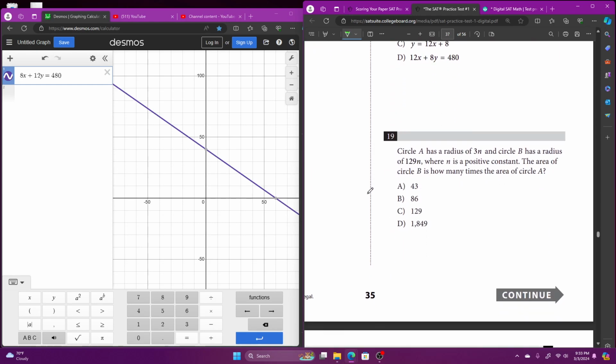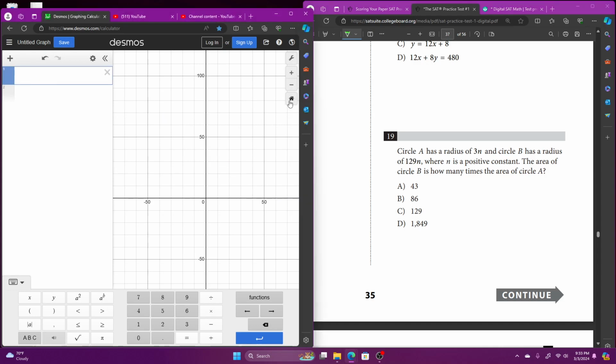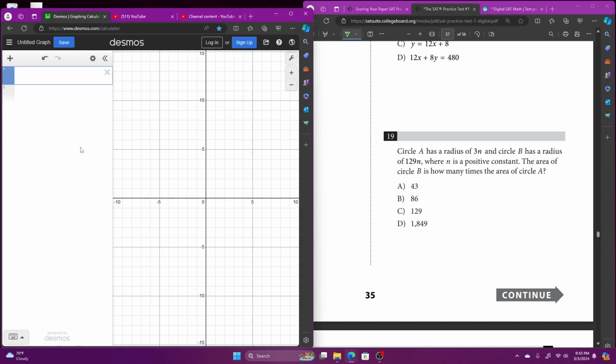And then question number 19, circle A has a radius of 3n and circle B has a radius of 129n, where n is a positive constant. The area of circle B is how many times the area of circle A?